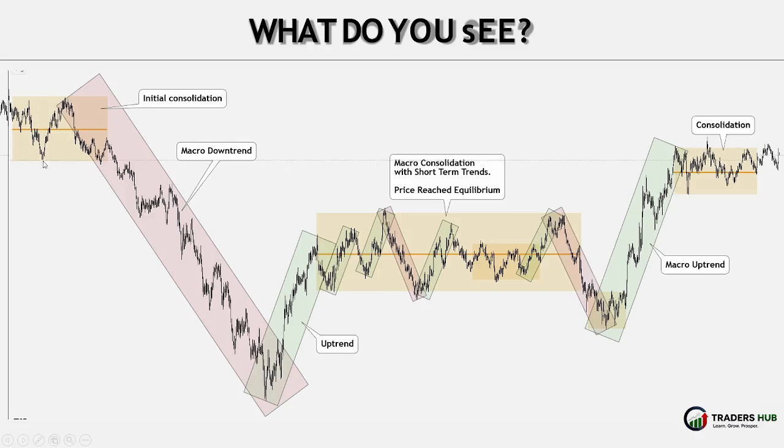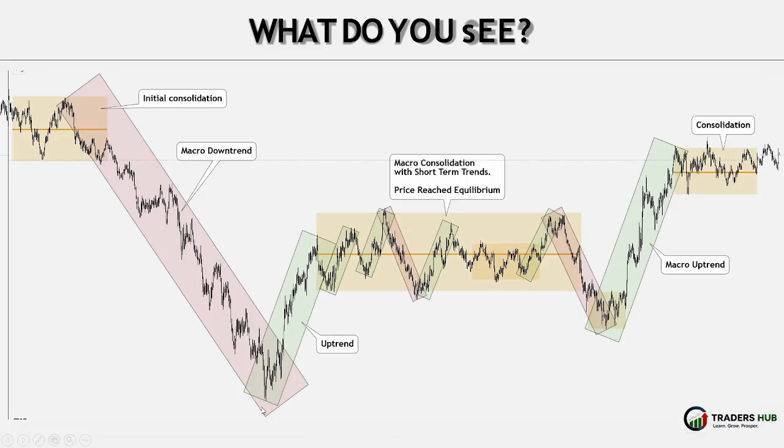Moving forward, this is the initial consolidation. You can see that ever since price got to this level and printed this low, it resisted to break this area, and again it came and held this support area. This was our midline, okay, but it was broken to the downside, okay, and you can see that this is a macro driven downtrend.